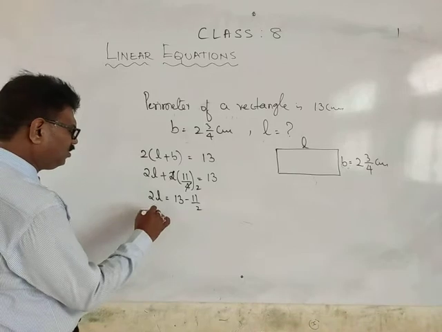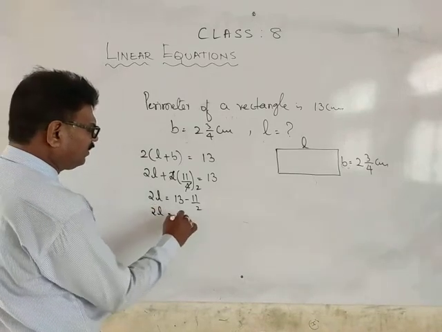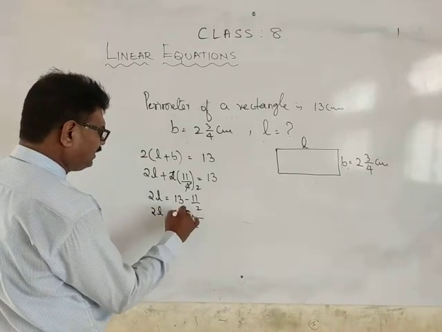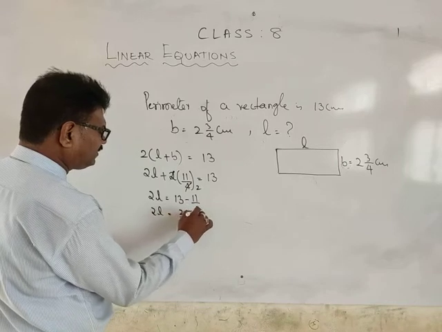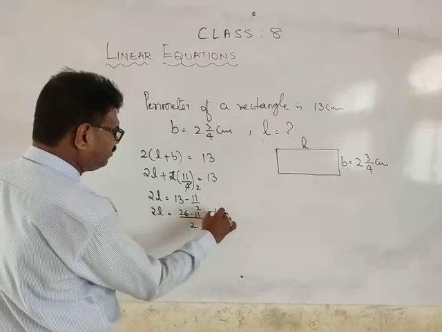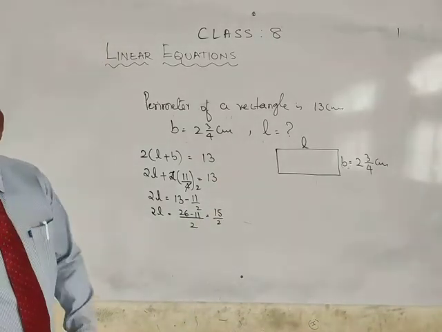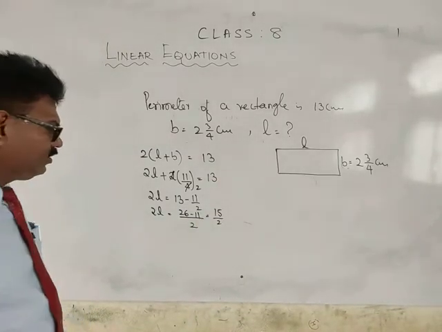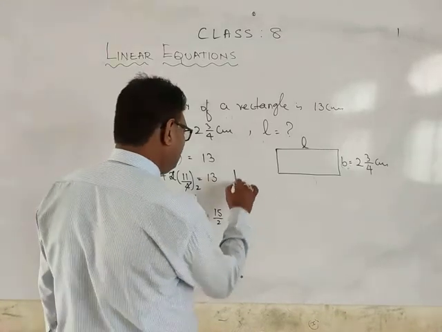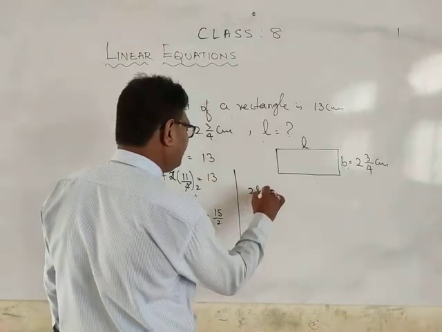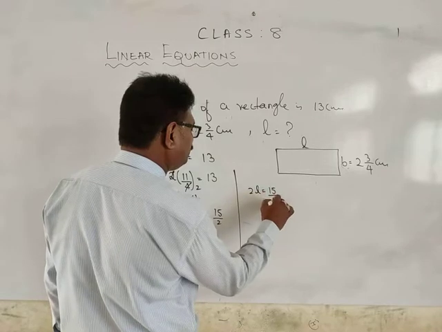Now see, 2L equal to, what is the LCM? 2. 13 twos are 26, minus 11. It is nothing but equal to 15 by 2. Now 2L equal to 15 by 2.